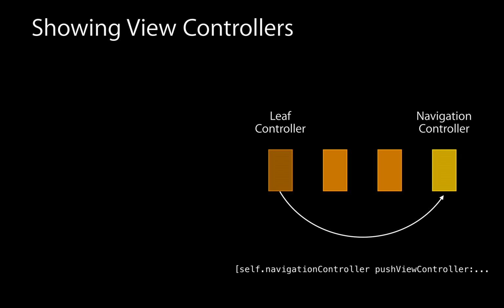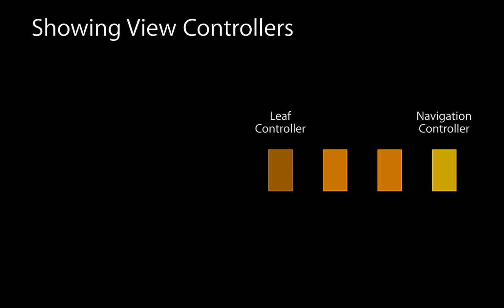But this is a pretty tight coupling between the leaf view controller and the exact environment that it's inside of. And we want to try to move away from this pattern in iOS 8. So instead, we're introducing two new methods that help you decouple this: show view controller and show detail view controller.